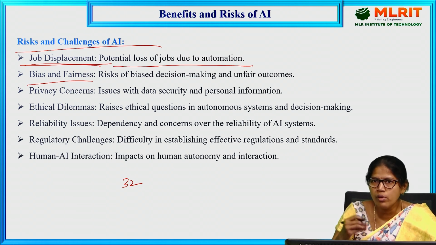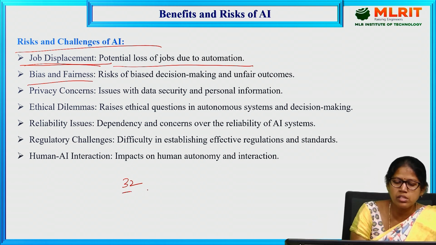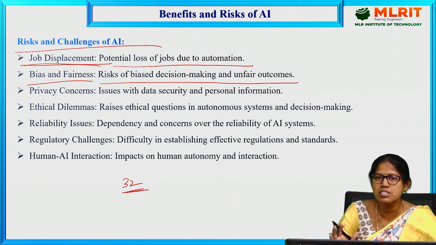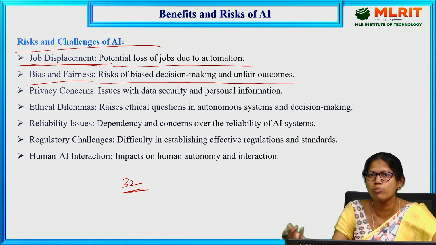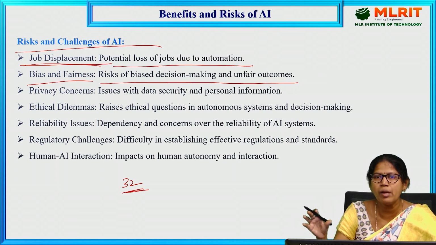If you go in detail, 128, 240 like that, then it will give better results compared to the 32. Here, risks of biased decisions and unfair outcomes. Because of the smaller amount of data, it leads to somewhat wrong results. For example, face recognition. If you have trained on only 5 members of data, then it will give biased results because of the data.